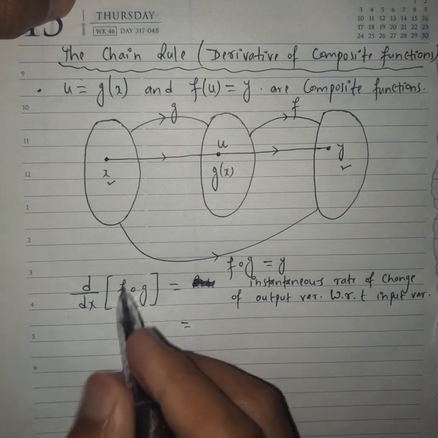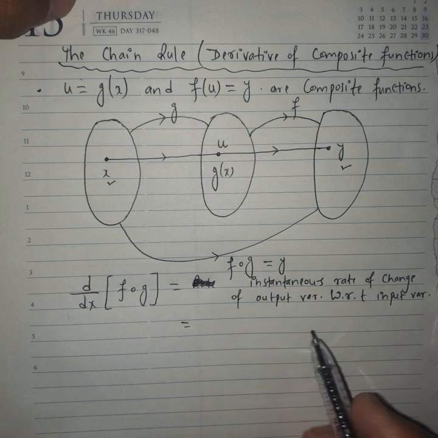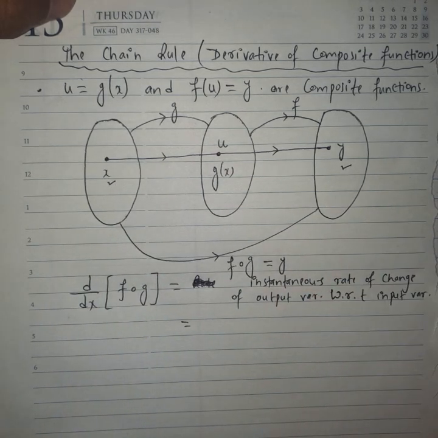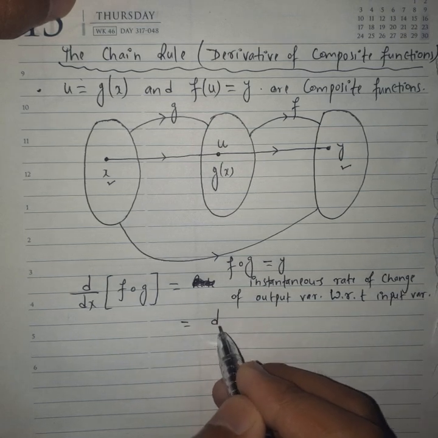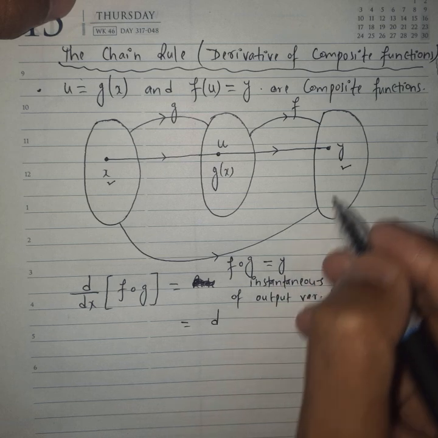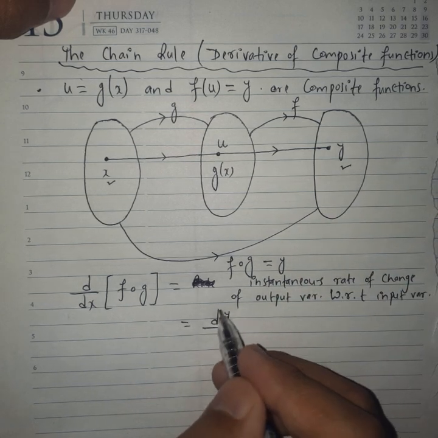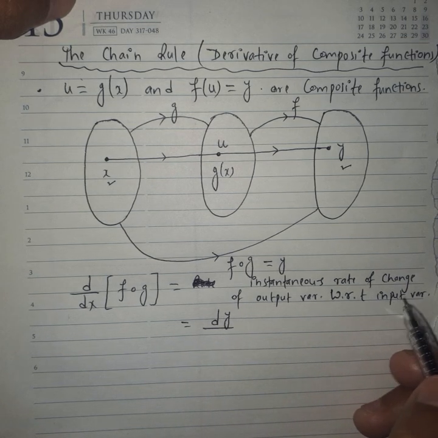With respect to this composite function, x is taken as the input and y is the output. So the instantaneous rate of change of the output is y, and we have to take this with respect to the input variable.